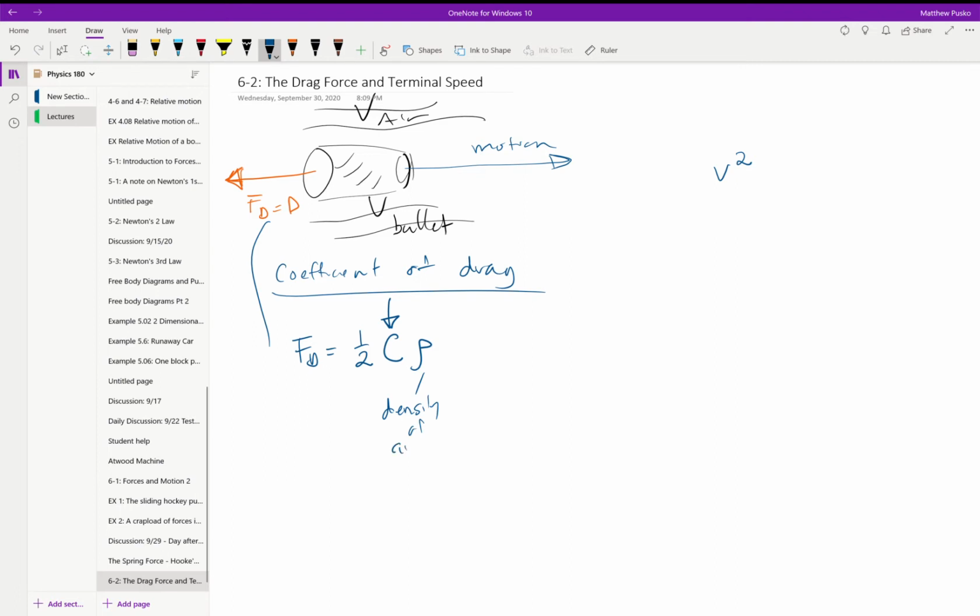So right now you can probably tell that the force of drag is different at different altitudes. As we get further off the Earth's surface, we eventually get into space, right? And as we get higher and higher, the air is thinner and thinner. So we would have less drag at high altitudes.